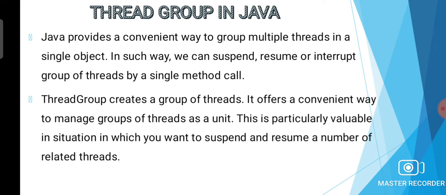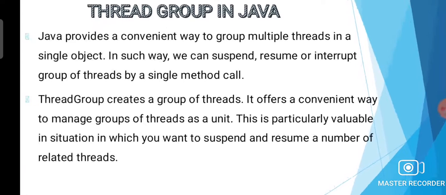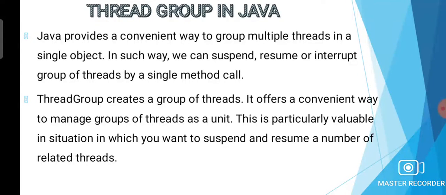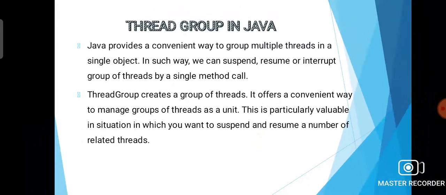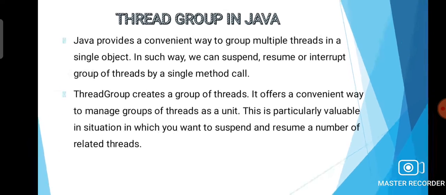So thread group is the mechanism by which we can group many threads under a parent thread, under a single unit. This is particularly valuable in situations in which you want to suspend and resume a number of related threads.